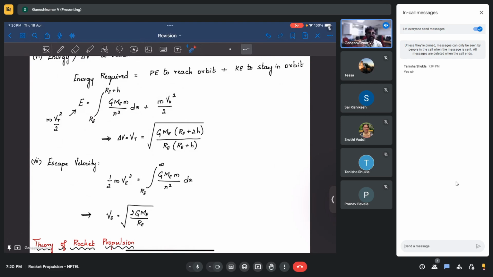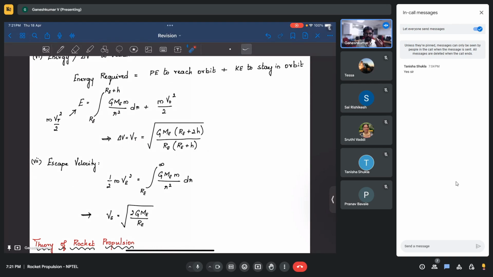From delta v you can easily find out the energy. Basically delta v square by 2 times the mass of the satellite will give you the amount of energy. So instead of talking in terms of energy required, we talk in terms of delta v. These two are interchangeable. This has nothing to do with the orbital velocity or any other velocity.